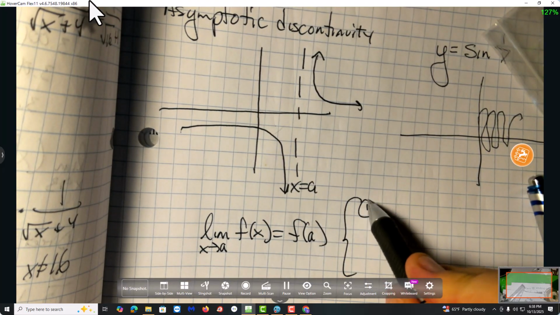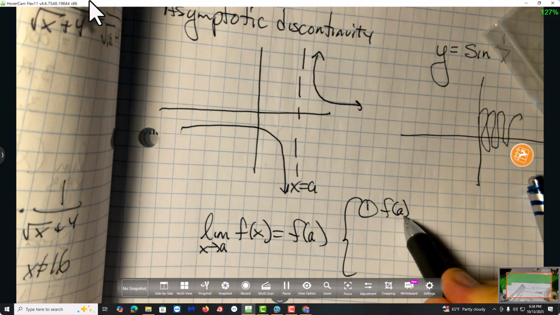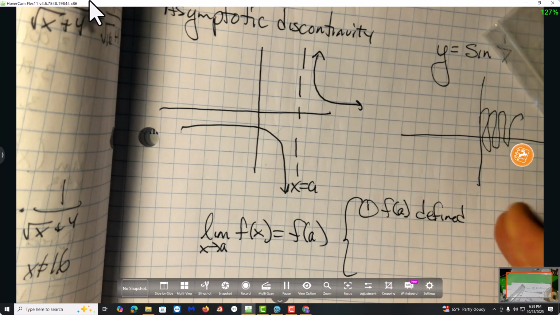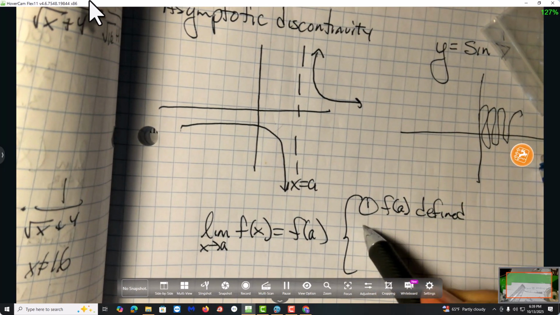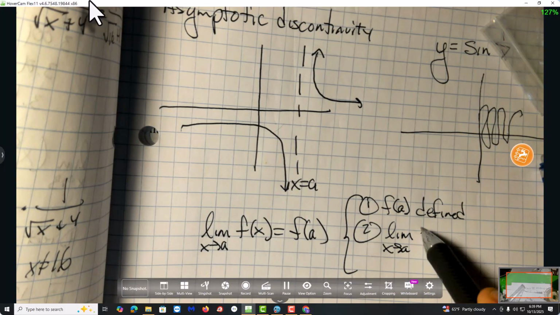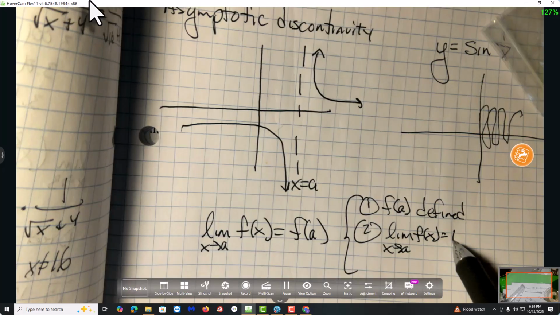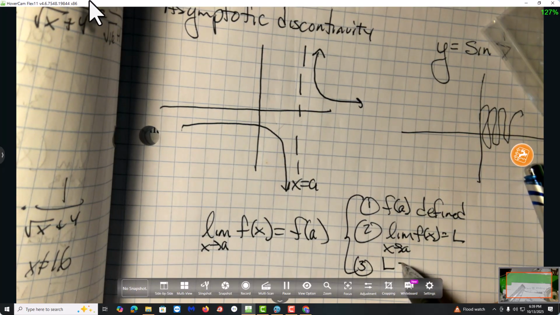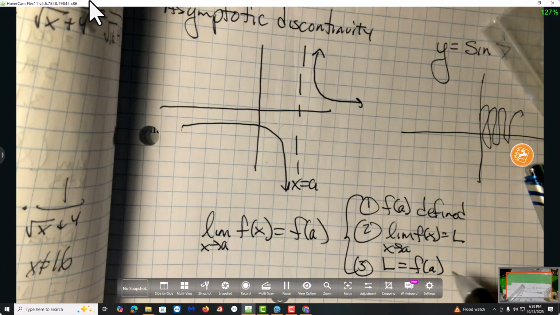Step 1, the function is defined. So when you evaluate it at that point of interest, you get a finite number. Step 2, the limit as x goes to a of f of x exists and is some finite number. And finally, the limit and the functional value are the same.